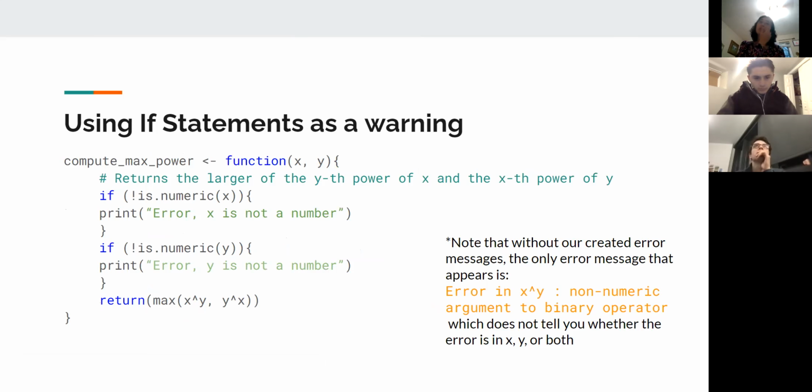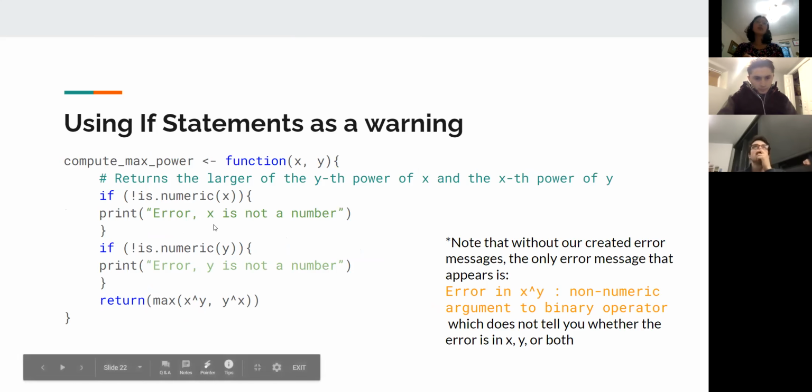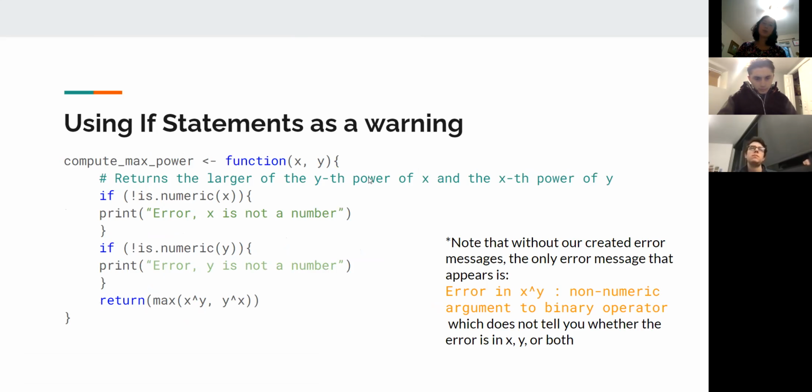Something that can be useful is using if statements as a warning. Here it creates a warning that will pop up if you use this function and X or Y is not a number. If you didn't create this error message with the if statement and the print, you would get an error anyway.